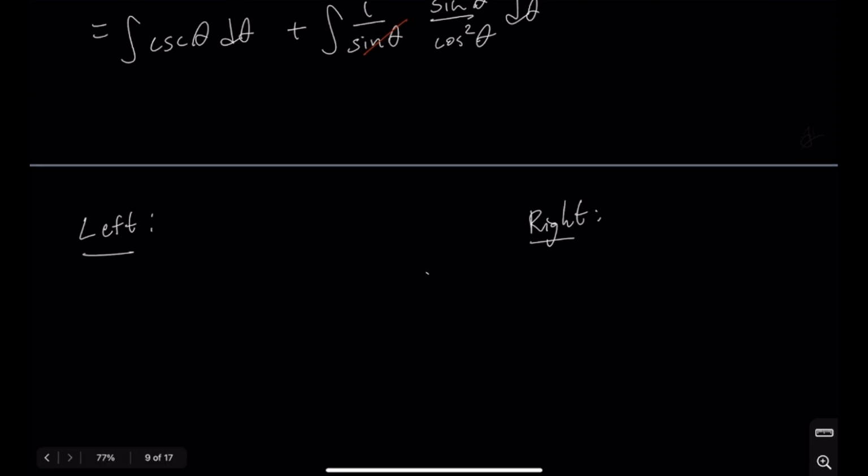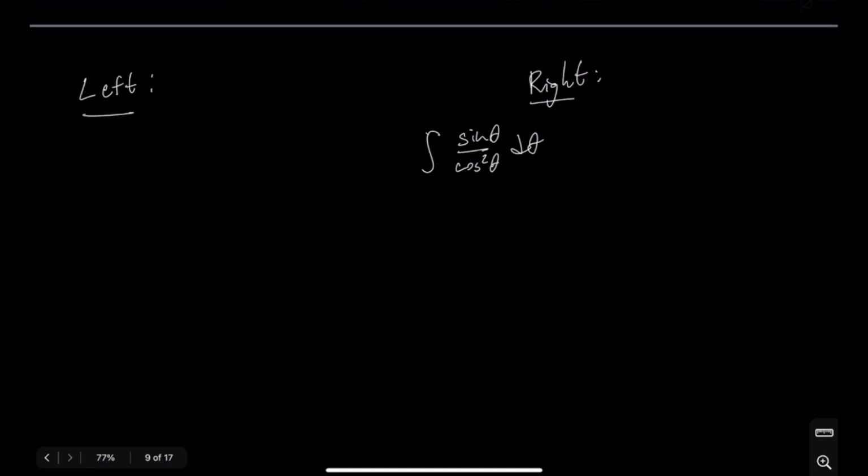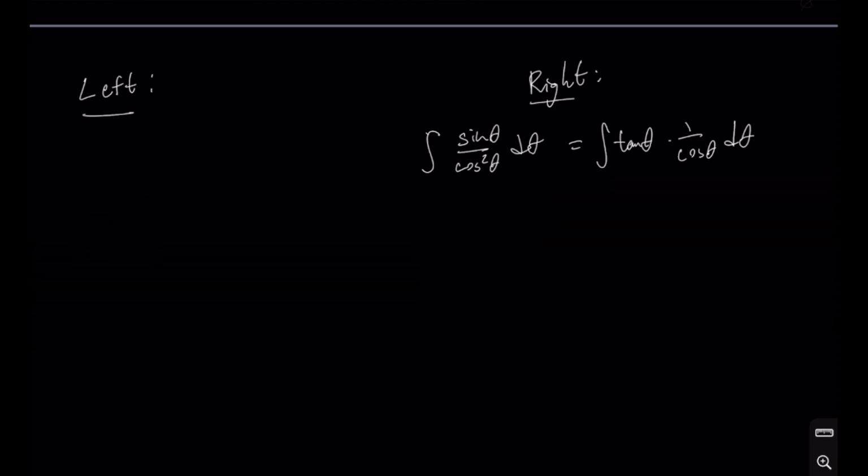So we have the integral of sine over cosine squared theta d theta, and you can represent this as tangent theta multiplied by 1 over cosine theta, and you can also write that as the integral of tangent theta multiplied by secant theta d theta.